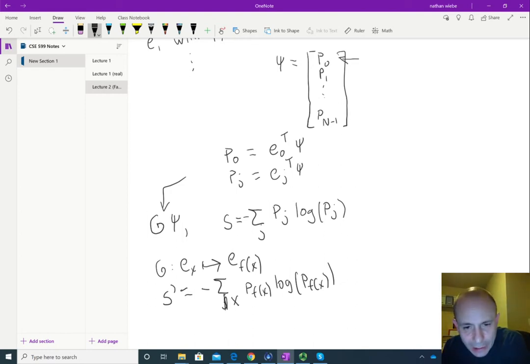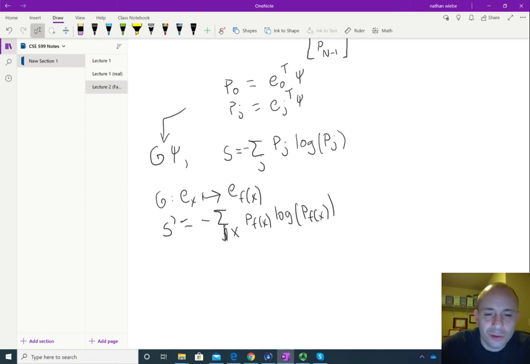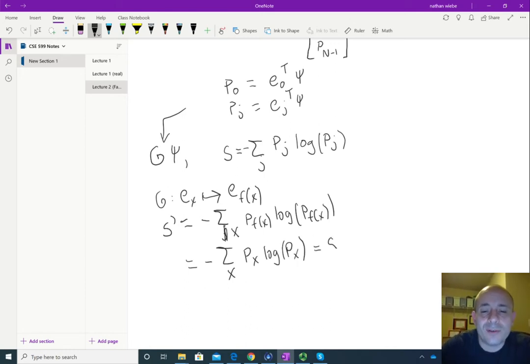But again, because of the fact that F of X is a reversible function, and because it's in a finite dimensional space, a one-to-one map, what we can do is we can actually just rewrite this by rearranging the sum as sum over X px log px, and that is equal to S.